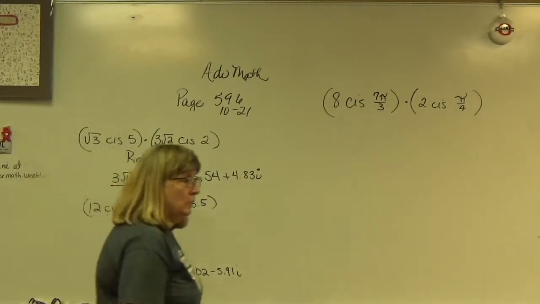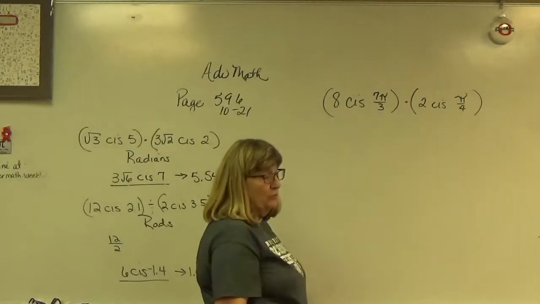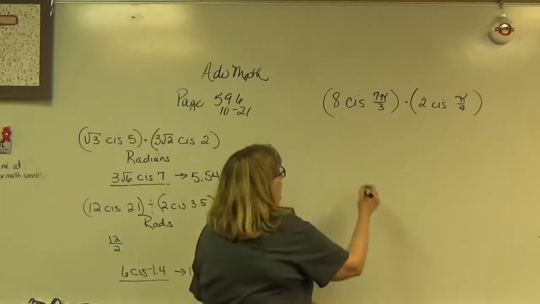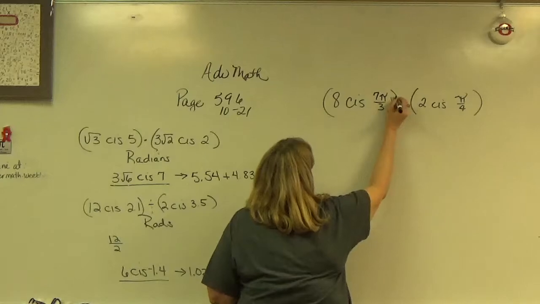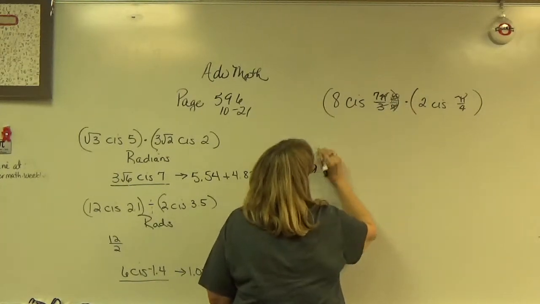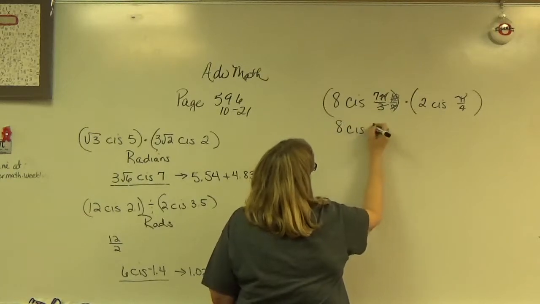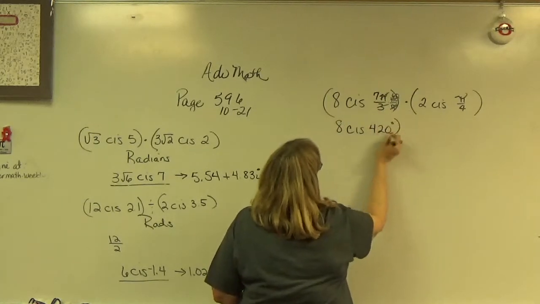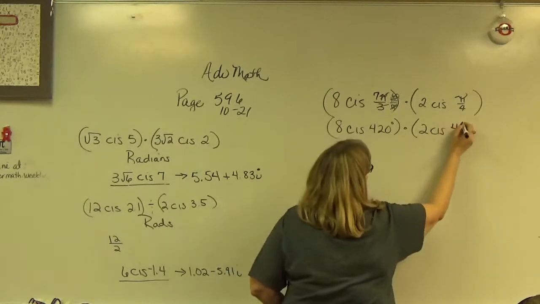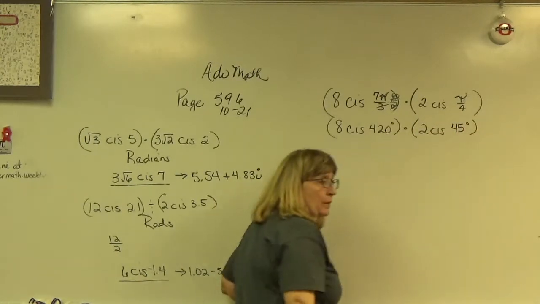Convert it to degrees, which when you're doing that converting, what do you know you've got to do to your calculator? Change it to degrees. So if I take this times 180 over pi, pi's cancel, 3 goes in 180, 60, so 60 times 7 is 420. And that one's 45, right? Yes. Does everybody remember that one?